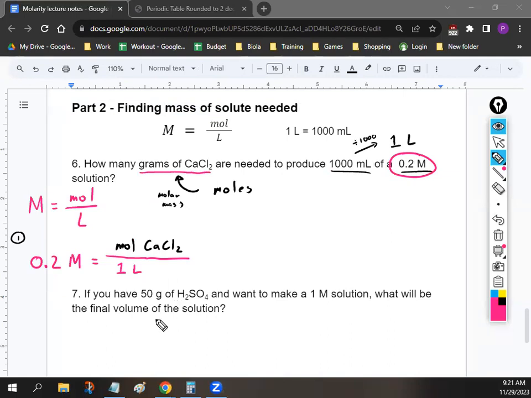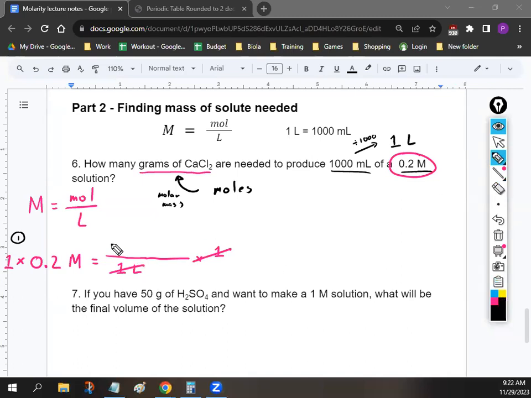Now the math for this is really easy. Okay, let's pretend this is your algebra class for right now. Instead of moles, let's just put x. Okay, if you are solving for x, it's on the top of a fraction and something's on the bottom. All you have to do is just multiply by the bottom number on both sides. That way you can cancel this out, and that'll allow you to find the number on the top.